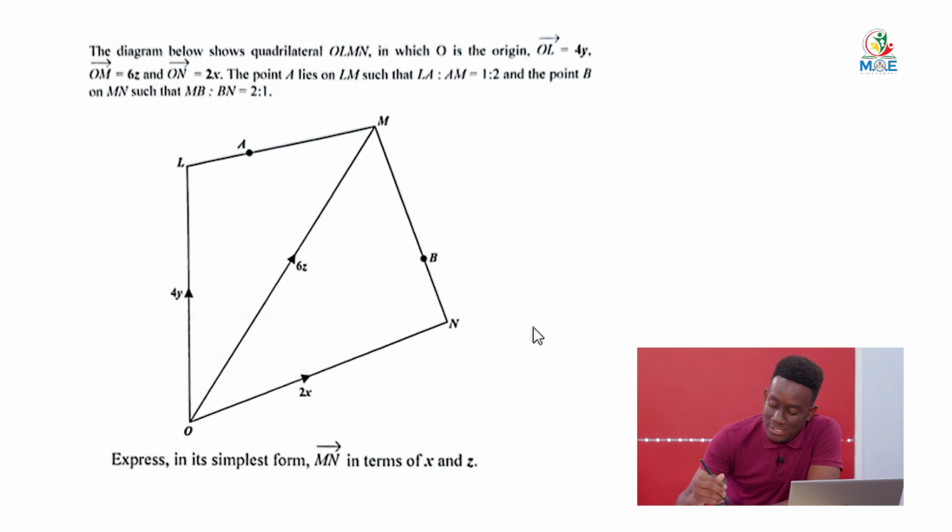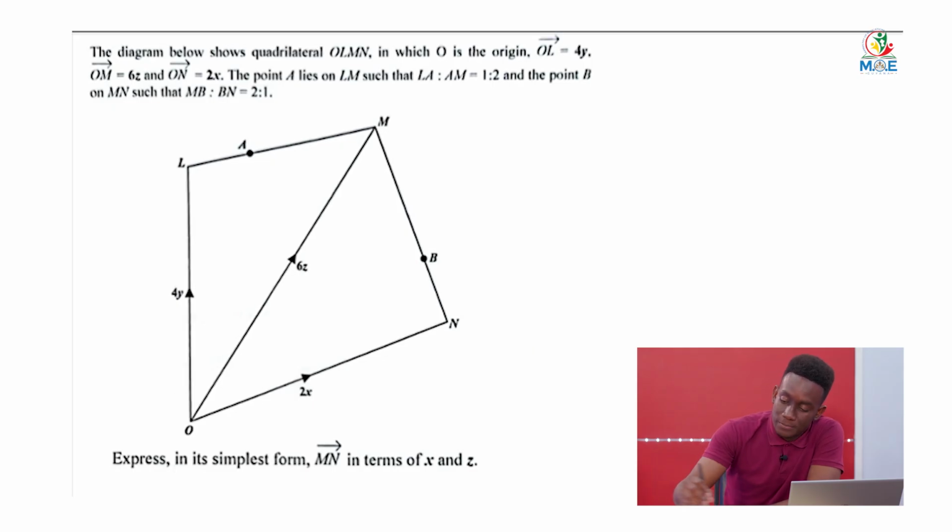That is basically explaining everything that is going on in the diagram. So the question is, express in its simplest form MN. So MN will be from M to N, and I want us to express that in the simplest form.